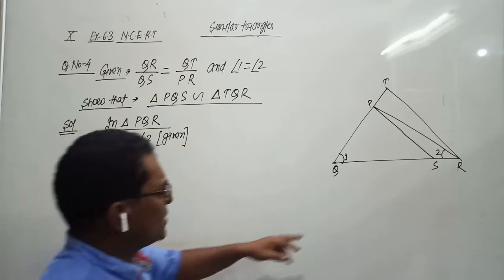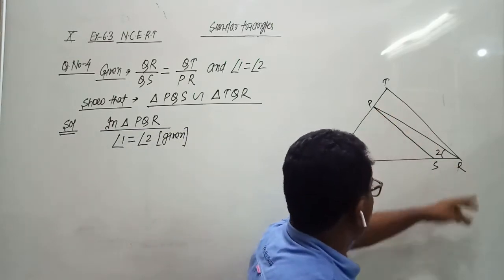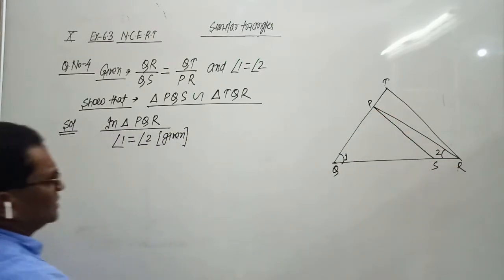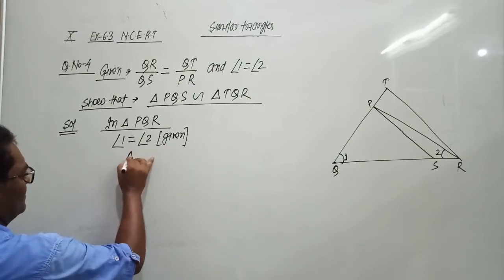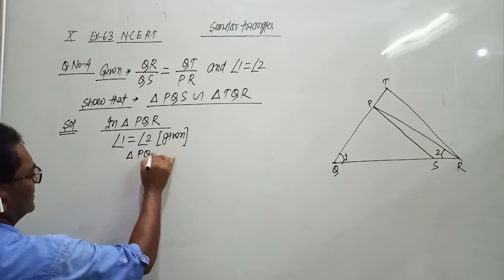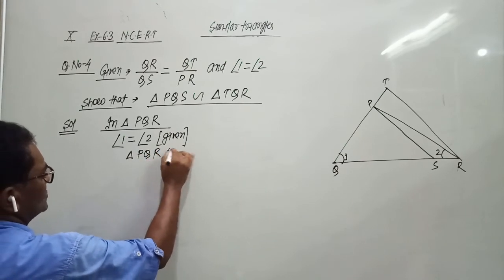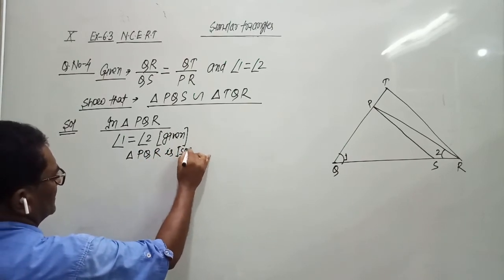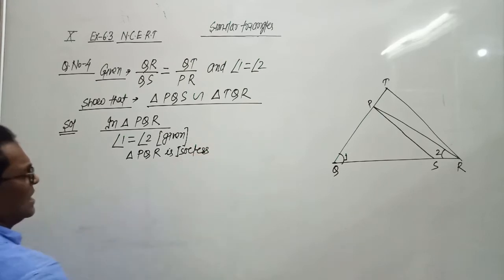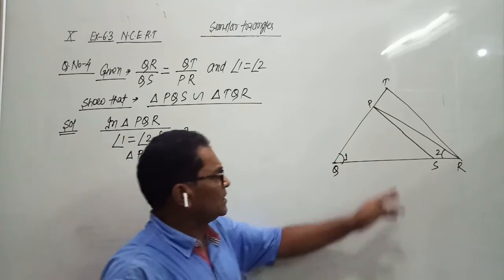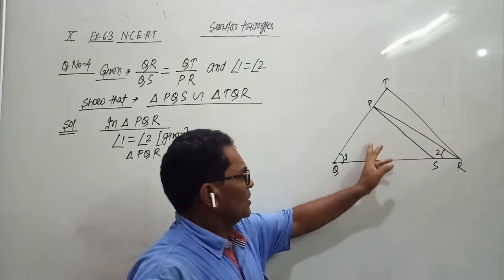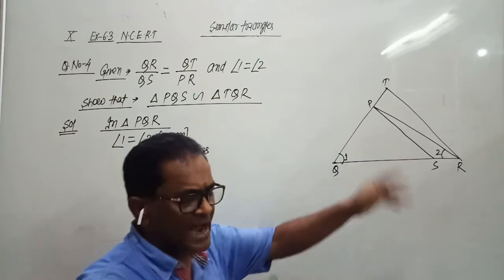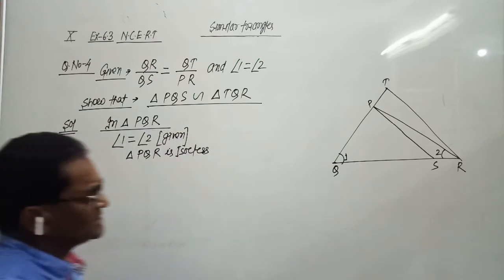So triangle PQR is isosceles, and in an isosceles triangle the sides opposite to equal angles are equal.